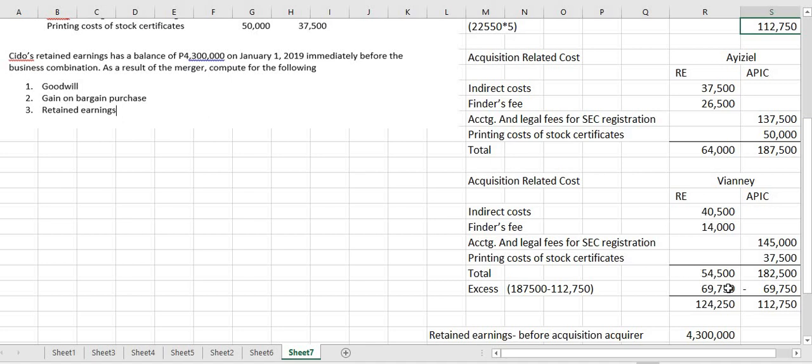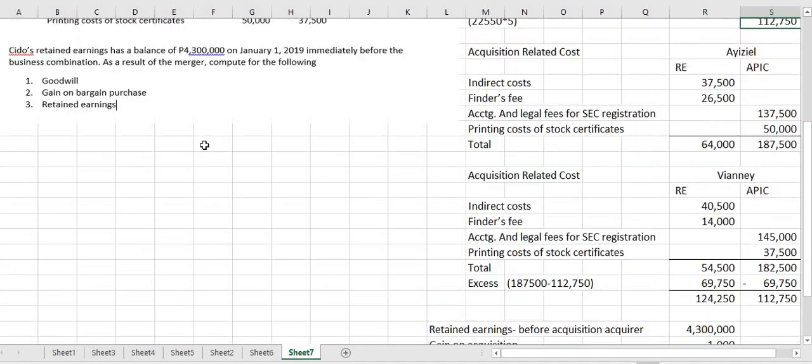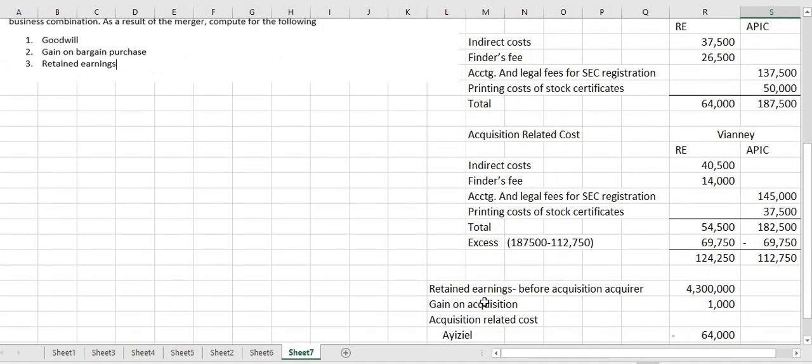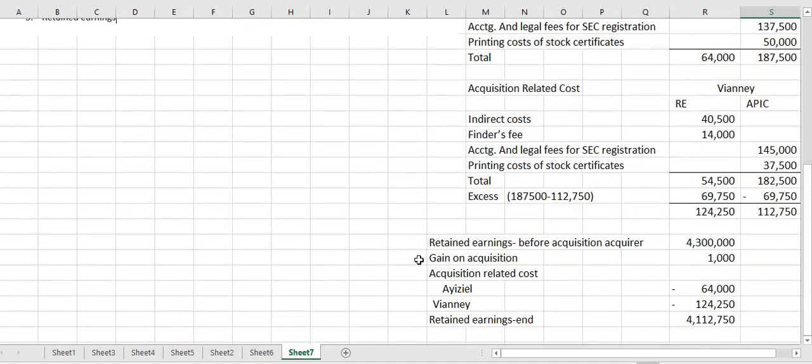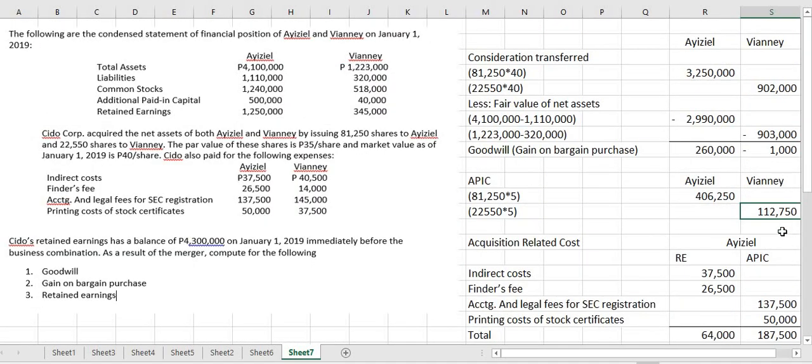So since we have determined the goodwill or bargain, then how much will be charged to retained earnings, and how much will be charged to additional paid-in capital. So to compute for the retained earnings, we have here retained earnings before acquisition of the acquirer. That's Saido, that's 4.3 million plus gain on acquisition, that's 1,000. Okay.